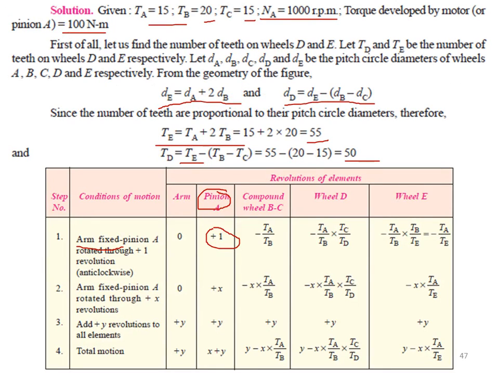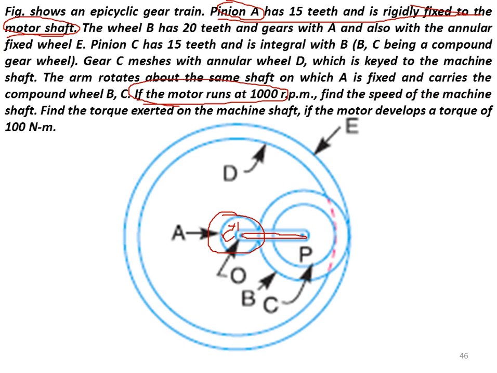Next, once pinion A is given +1, it is meshing with compound wheel B and C. So opposite direction, external gearing here. If A is anti-clockwise, this becomes clockwise, and this will also be clockwise. So this all will be the same direction now.